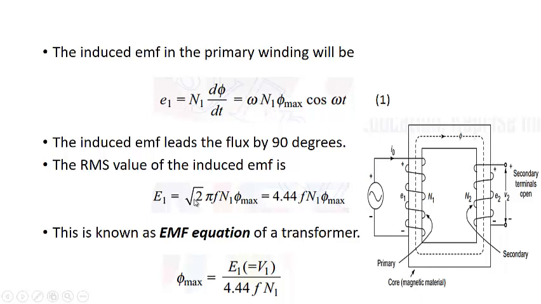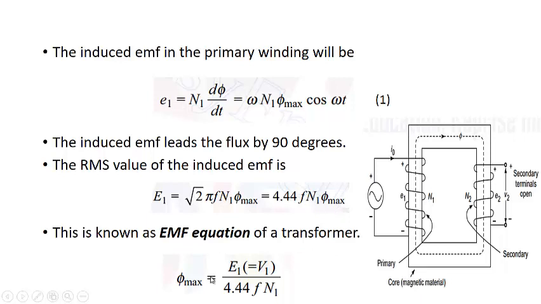It comes out to be root 2 pi f N1 phi max. So multiplying root 2 and pi, we get 4.44 f N1 phi max. This is known as the EMF equation of the transformer, and it is a very important equation, because from this we can calculate the value of the induced EMF. Or sometimes if this voltage is given, we can get the value of phi max.